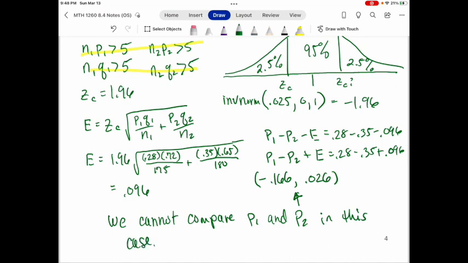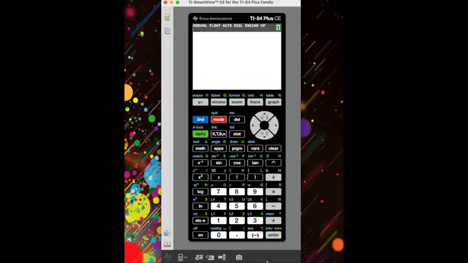Okay, now let me show you how to do this on the calculator. We're doing proportions, and we're doing it with two samples. So I'm going to click on the Stat button, arrow over to Tests, and I'm going to scroll down and find 2-PropZInt. The prop is for proportions. So I'm going to hit Enter, and I'm going to put in all the information. Our first sample, we have X1 represents the successes from sample 1, which we had was 49.